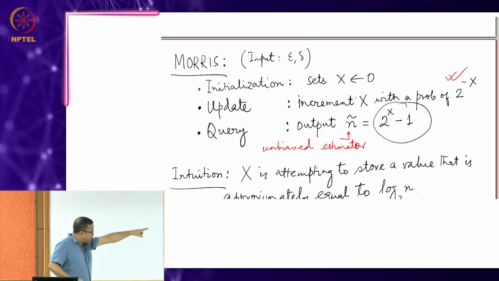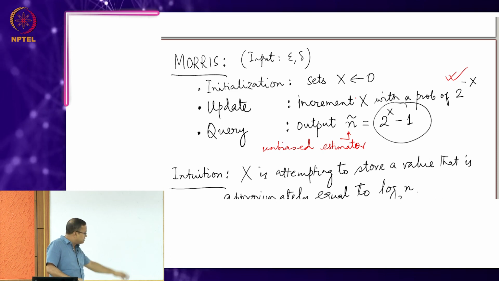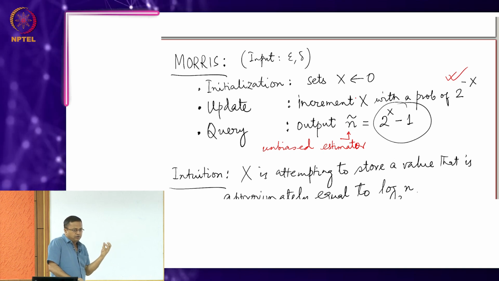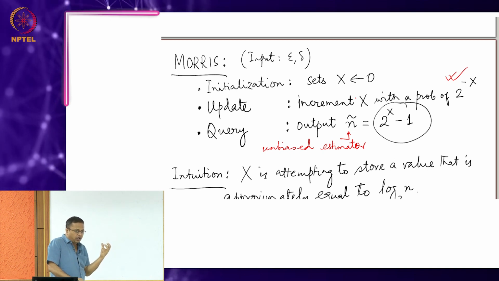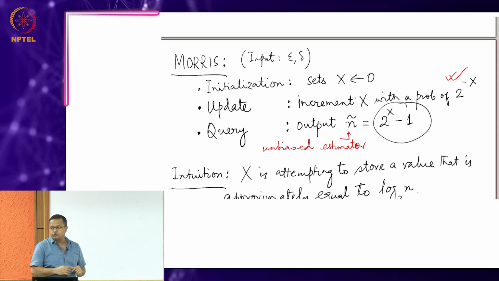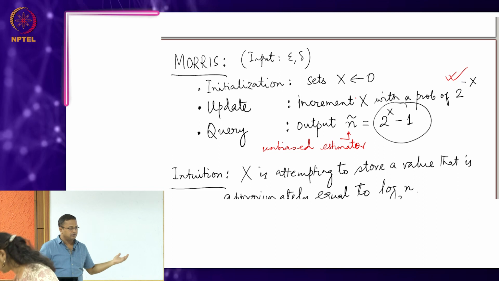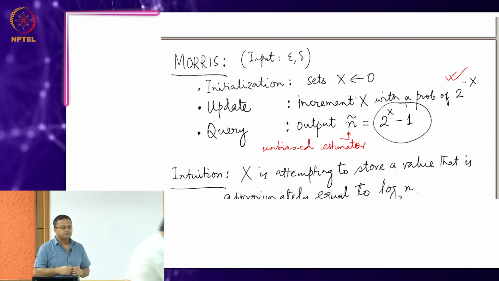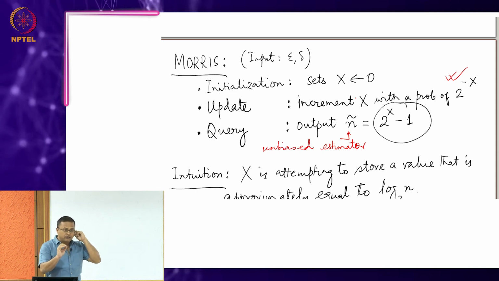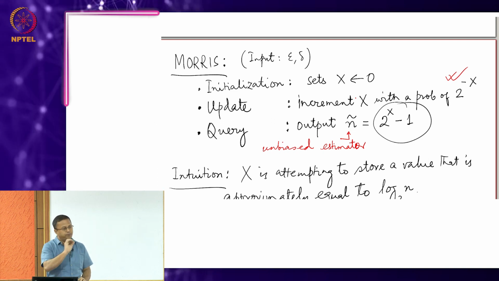Because it is dependent on that probability of 2 to the minus x. So, the output estimate that you are throwing out is the outcome of a random process. So, it is a random variable, which means it is not going to take the same value again and again. It is going to take values over a range. Now, what I want to prove is that in expectation, it will always be equal to the value that it is supposed to compute, that we proved yesterday.